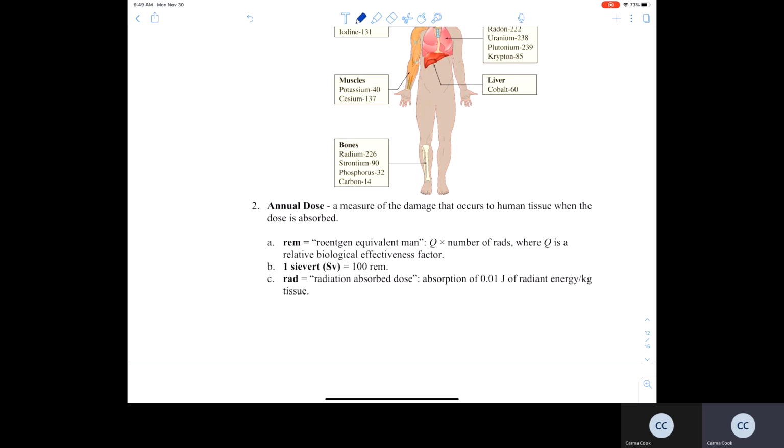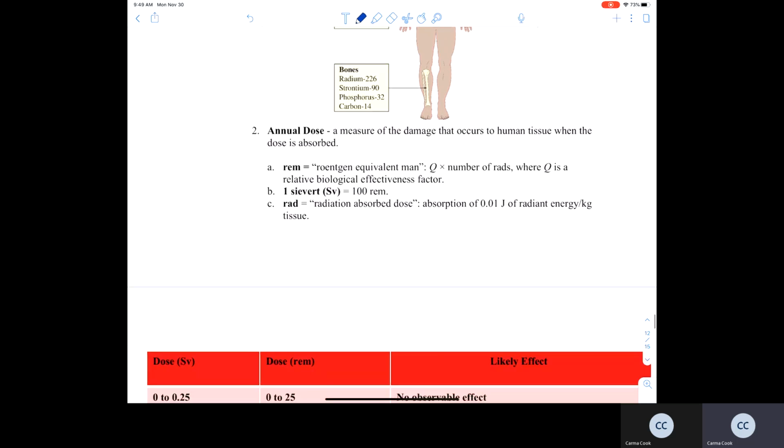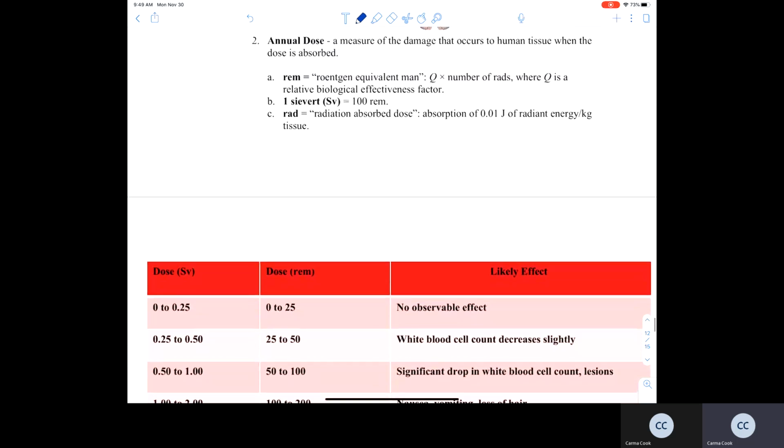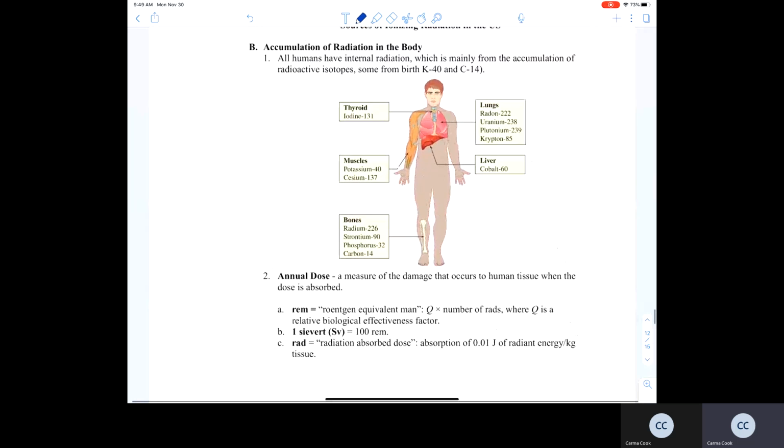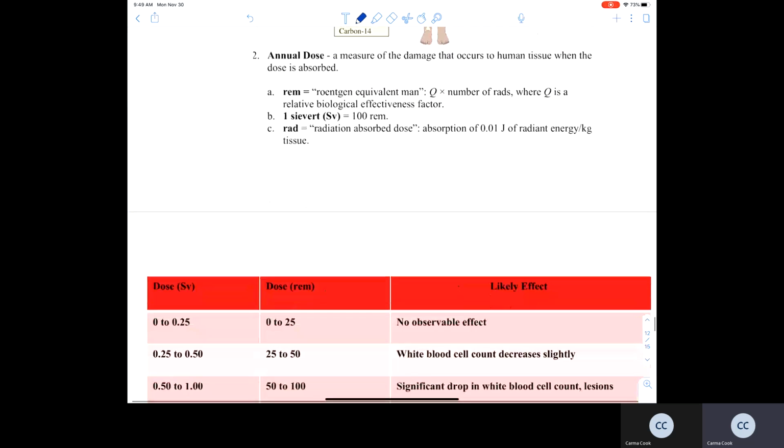A rad is a radiation absorbed dose, and it's the absorption of 0.01 joules of radiant energy per kilogram of body tissue. So you take the rad and multiply it by a biological factor, you get the REM. And then also you have the Sievert, SV, which is 100 REMs. So those are the various units used to measure the amount of radiation dose that a person is absorbing in their body.